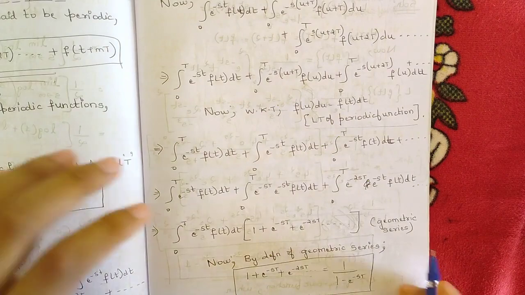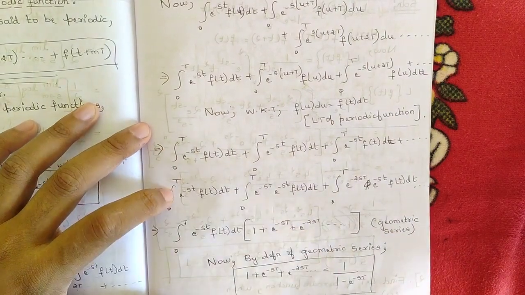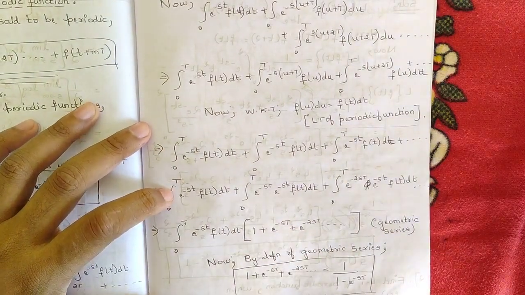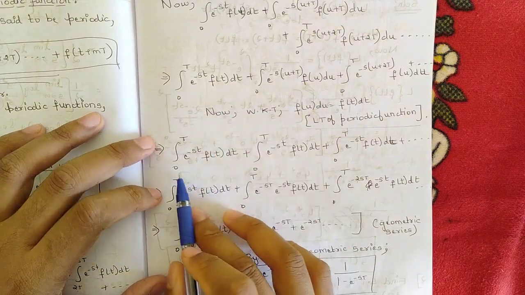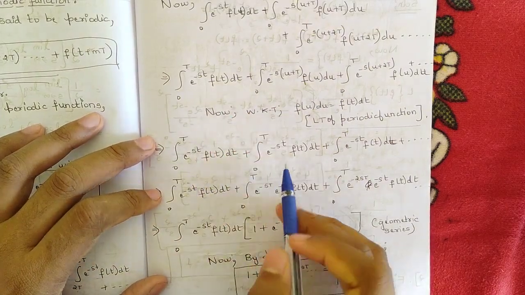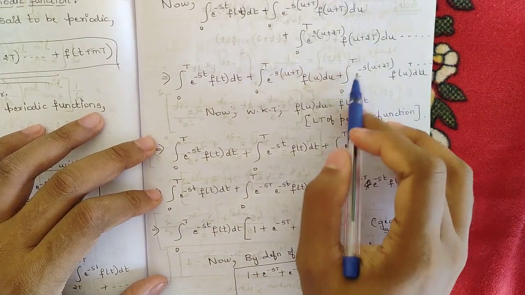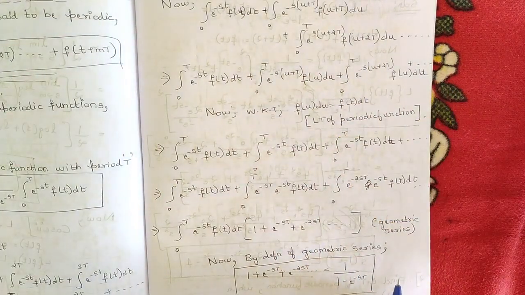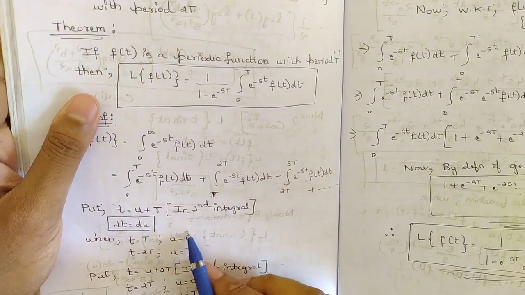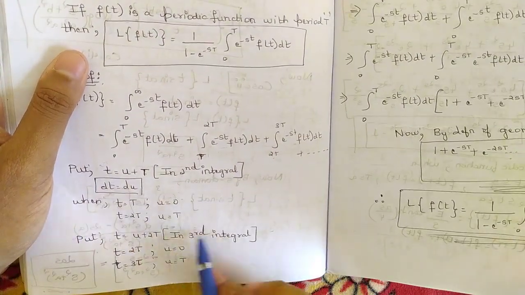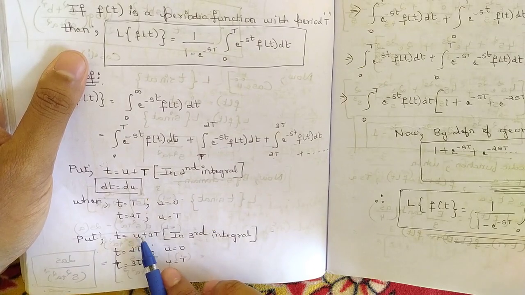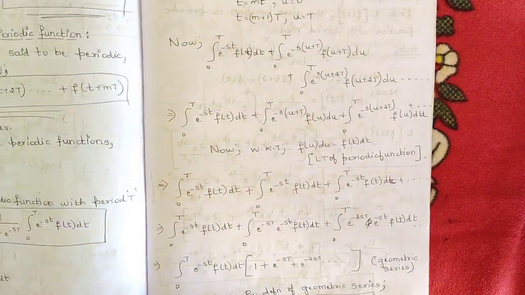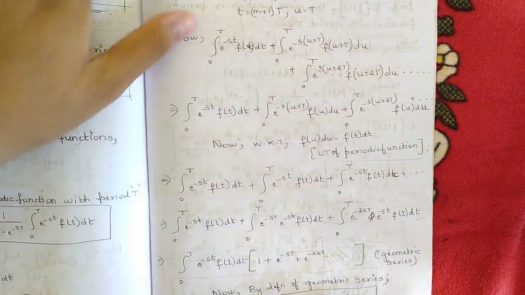So what we will be getting here is e to the power minus st f of t dt, and the limits are from 0 to T for all the time intervals. Because if you observe here, the limits for u are from 0 to T for all the time intervals. If we change to u plus 2T, u plus 3T, for all the time intervals the limits remain the same.